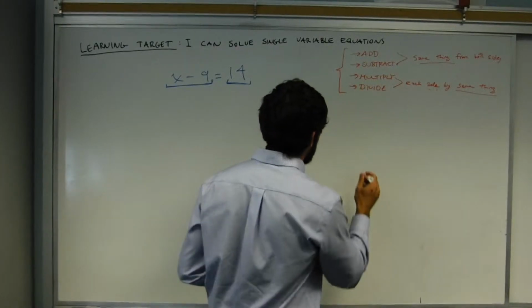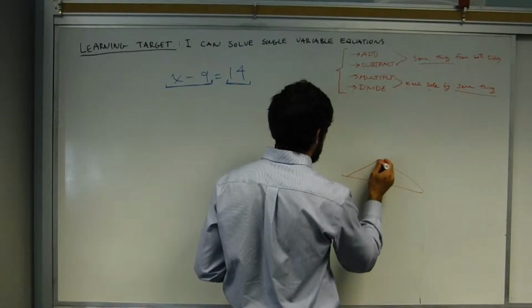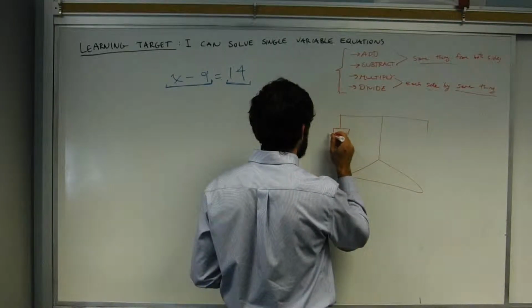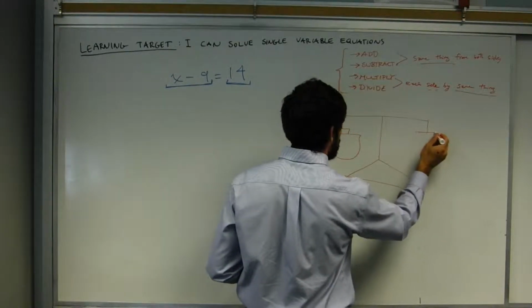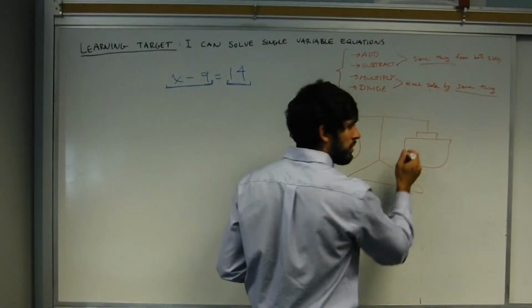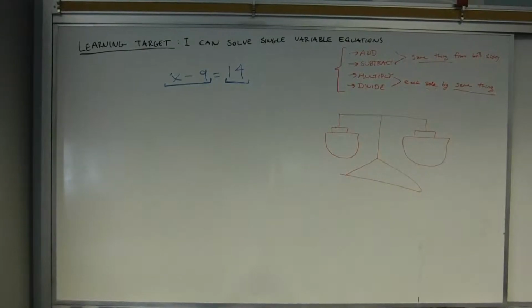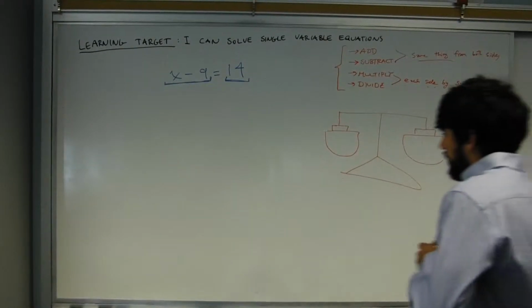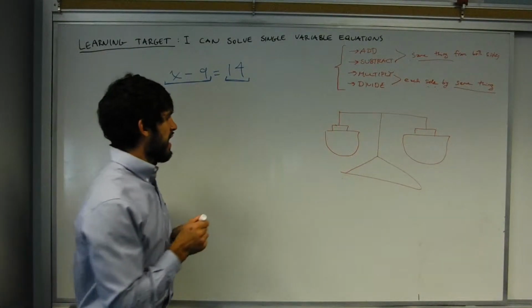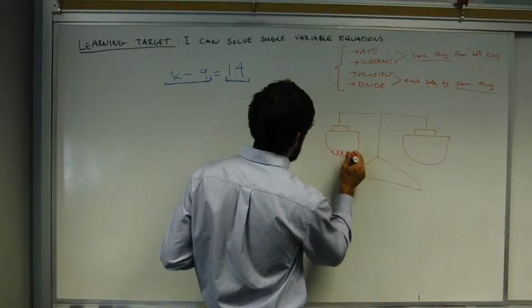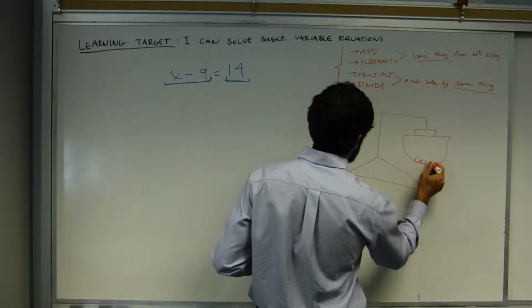So if we imagine we have a scale like this, it's a good way to think of an equation. Then suppose the scale's balanced, we have the same thing on both sides.